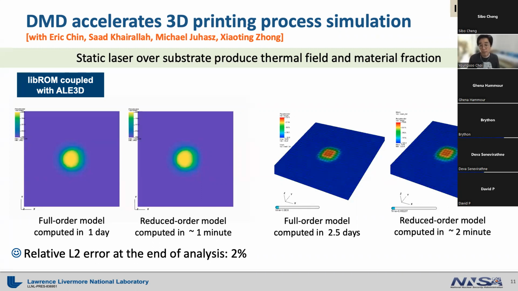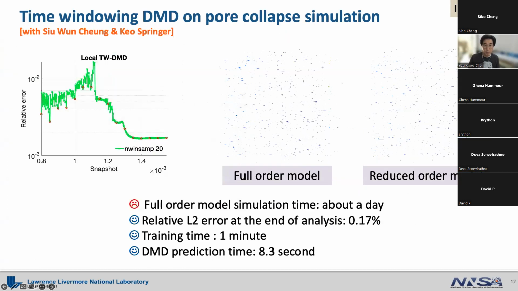As the 3D printing simulation model becomes complex, though, the computational cost becomes too much. For example, the full order model of this simple laser hitting the testbed process simulation takes a couple of days, while the DMD simulations here and here take a couple of minutes, achieving a great speed up. Plus, a great accuracy was achieved, a relative error around 2%.